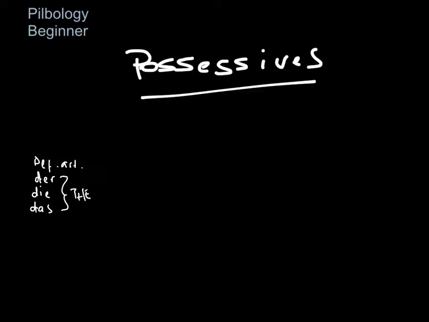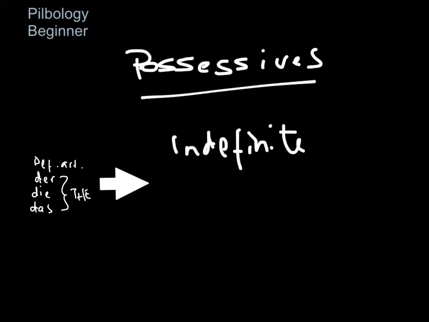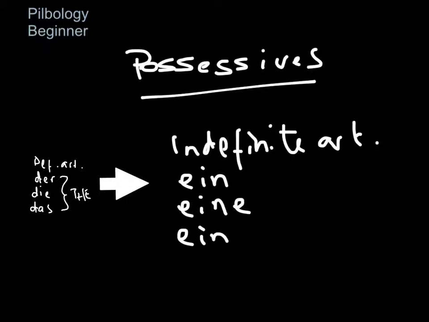All right. Then we had the indefinite articles, which were, for example, ein, eine, and ein again.